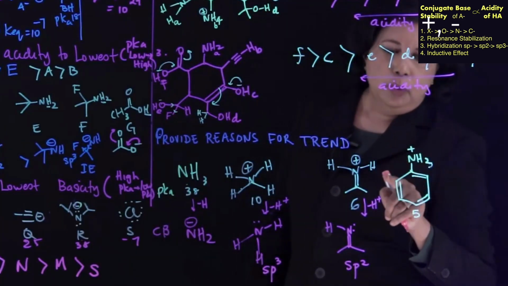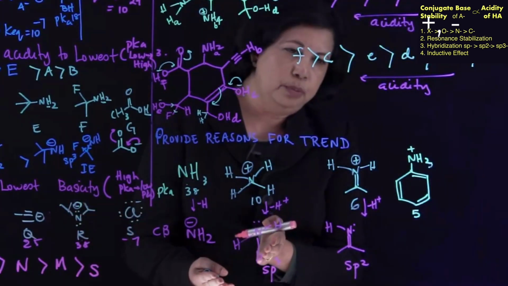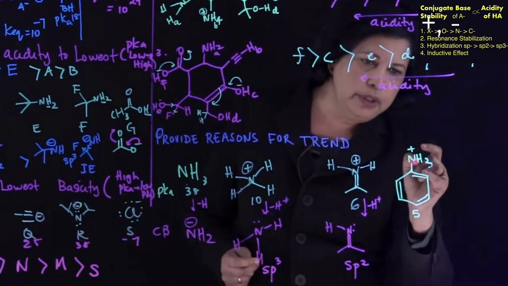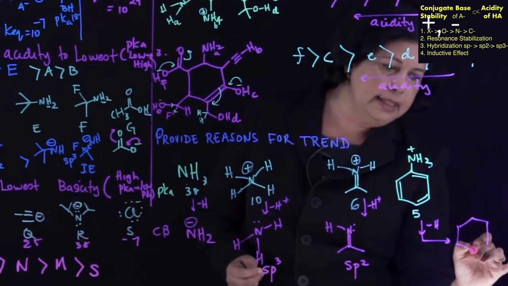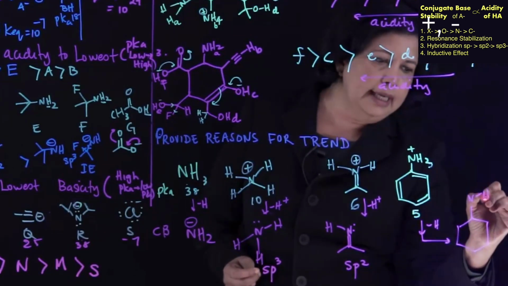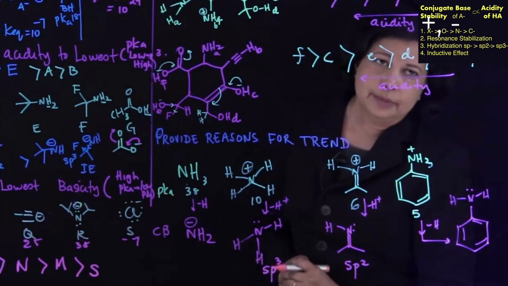Now, what about this guy? This is sp3. So why isn't it in here with this sp3? Look what happens when you take off that hydrogen. And I'm going to draw it here just because I have more space here. You can see that that becomes neutral. And what do you think that nitrogen lone pair is going to do?